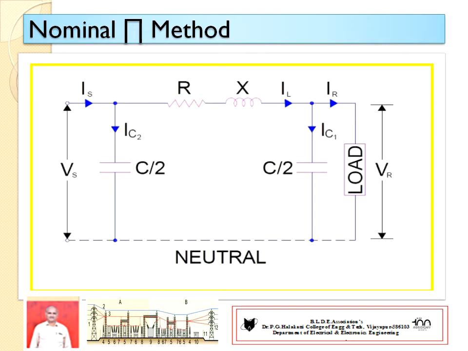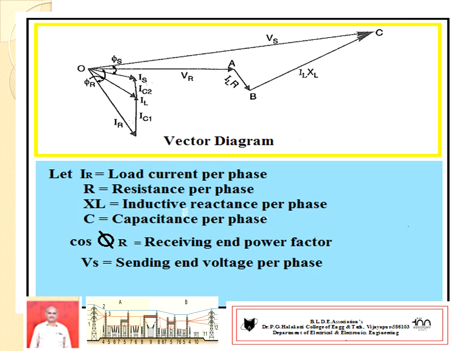The sending end voltage Vs is given by Vr plus I into Z. This is the rough idea you have to generate and understand. With this you draw the phasor diagram, and after that use complex notations and apply them to problems.